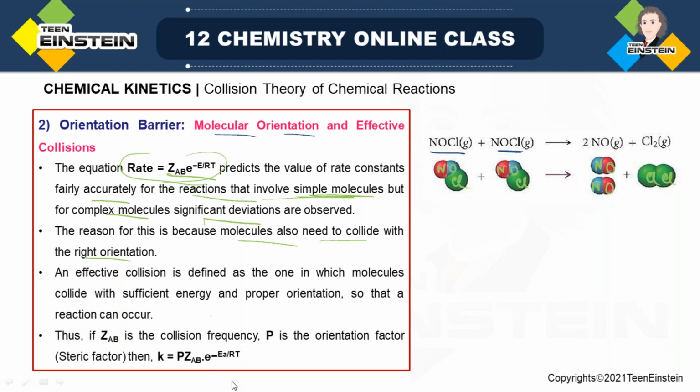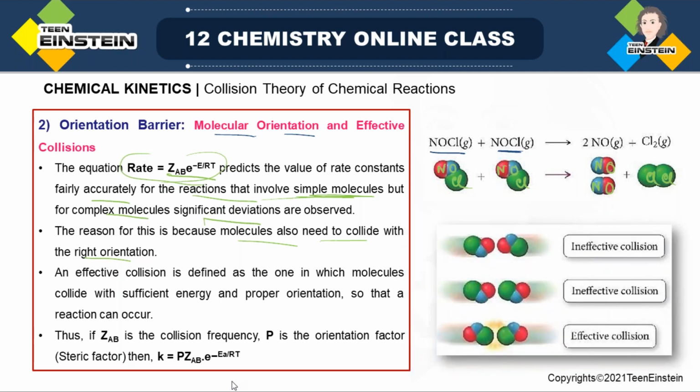An effective collision is one in which molecules collide with sufficient energy. Sufficient energy, that is activation energy, we have already seen how important it is. And the second point is proper orientation. So we call a collision effective only when it occurs with sufficient energy and proper orientation.